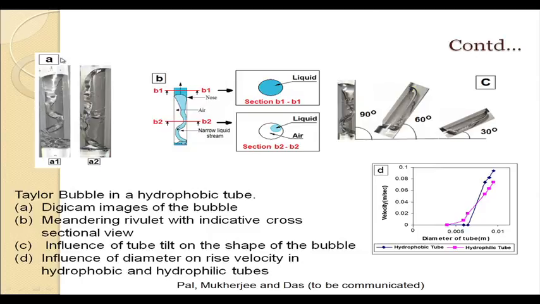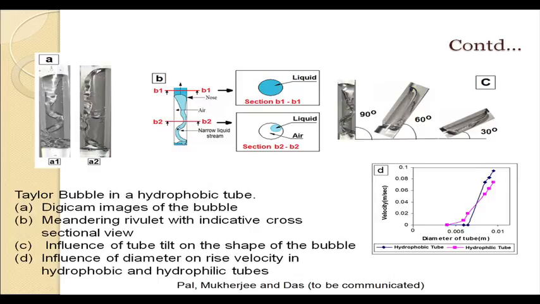While the bubble is flowing up, the three-phase contact line is not in the direction of the motion, but makes an angle with it, and it continuously changes its orientation as the bubble moves vertically up.